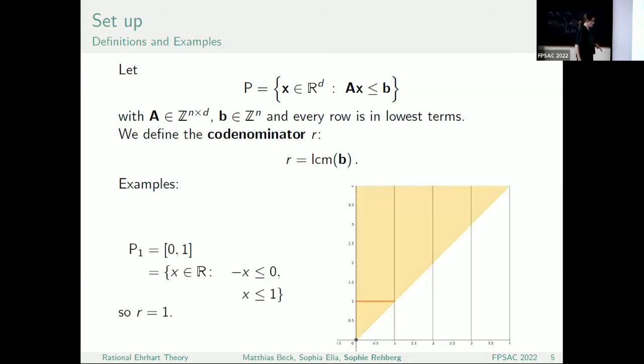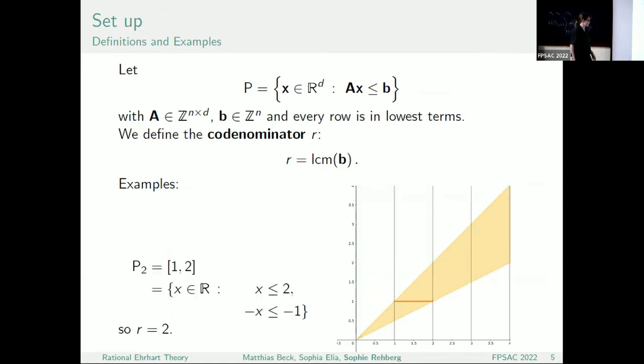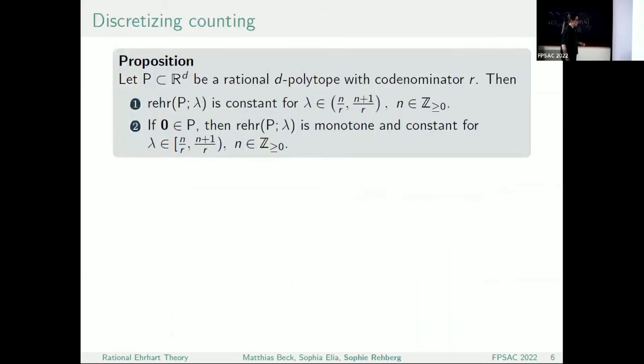Okay, let's look at our examples again. Here's the half space description of this interval, and then the codenominator is 1. And for the second interval, the codenominator is 2. And this codenominator gives us the intervals in which this counting function is constant. And that's the first proposition here.